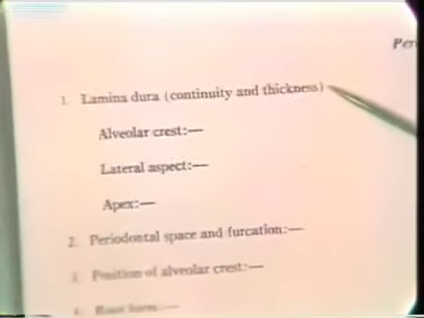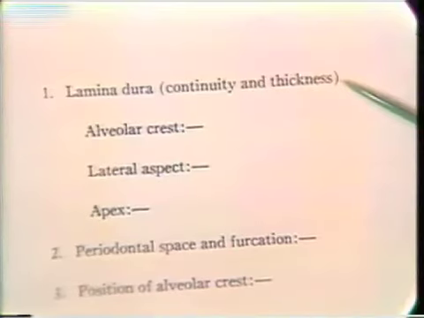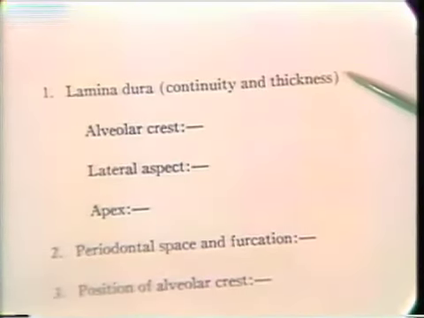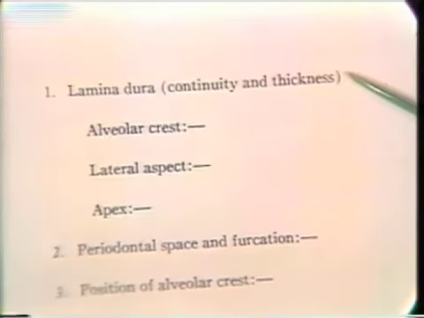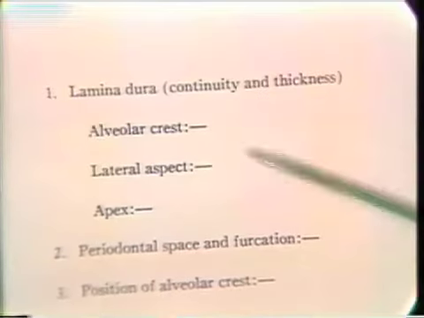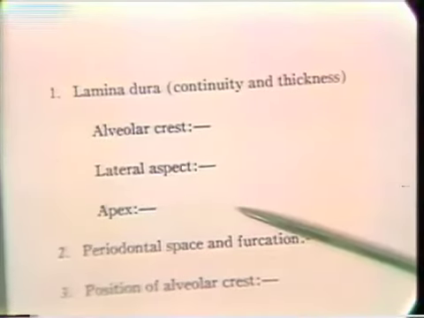First, we'll look at the x-rays, the full mouth x-rays and posterior bite wings, and make an evaluation of those radiographs. Form number 3D, radiographs, under periapical films, shows the following items which we should look for when we follow around the periapical radiographs. Number 1, lamina dura. Check the continuity and thickness of the alveolar crest area, the lateral aspect, and the apex.